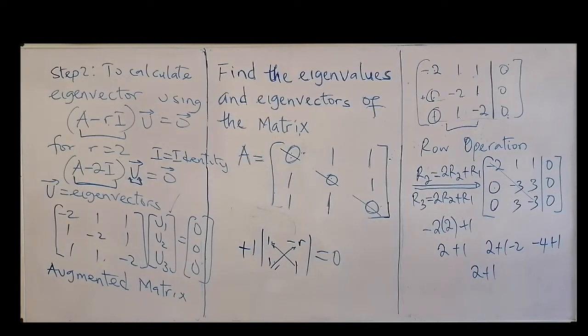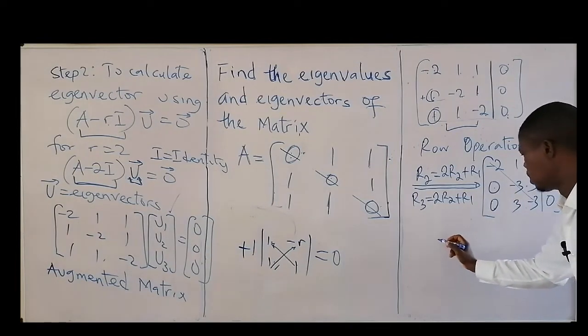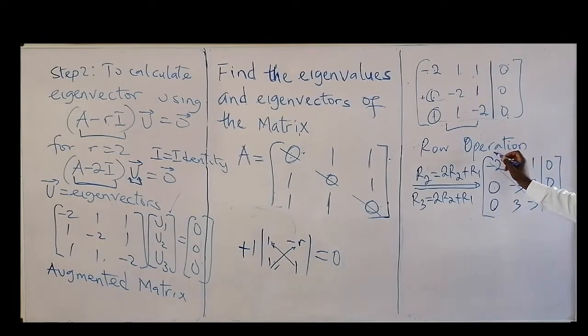So what we can do now, we can use row 3 or row 2 to generate an equation. Don't forget, I've said many times that the first column is for U1, the second column are the coefficients of U2, the third column are the coefficients of U3.